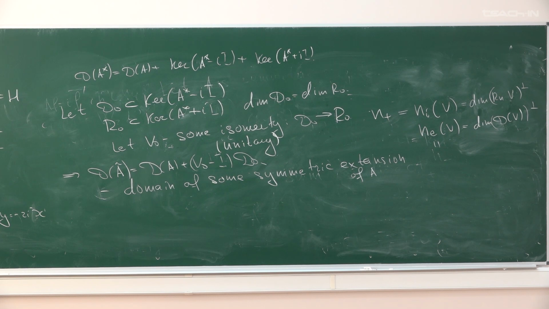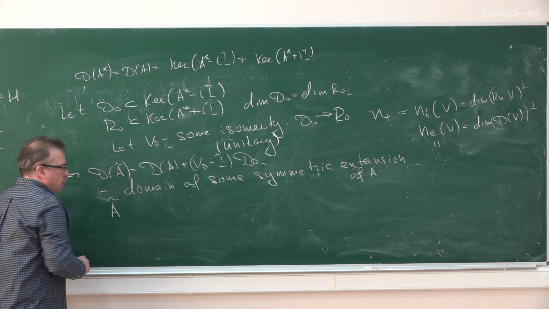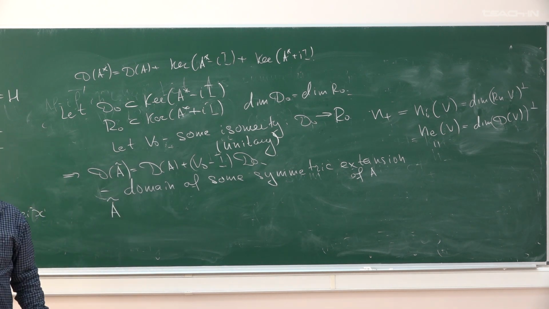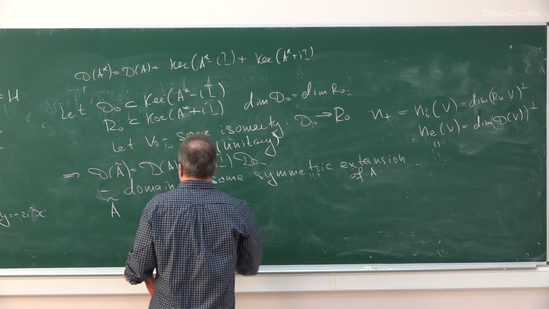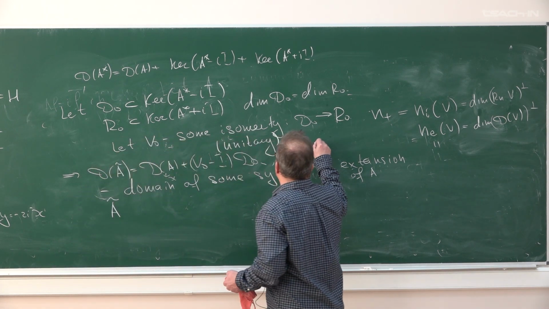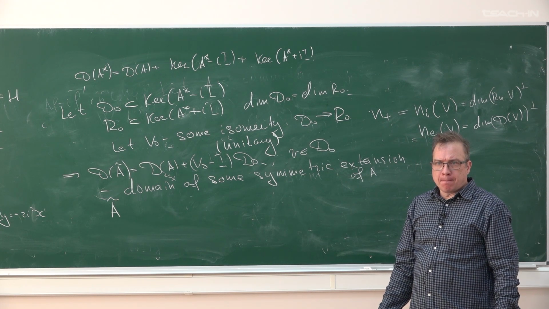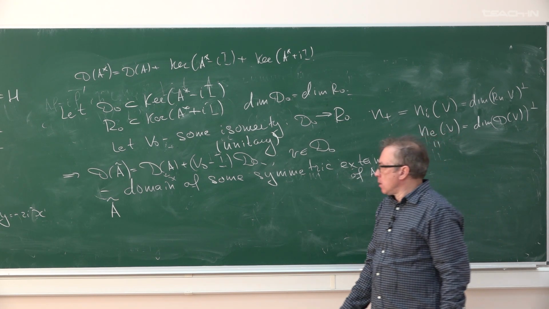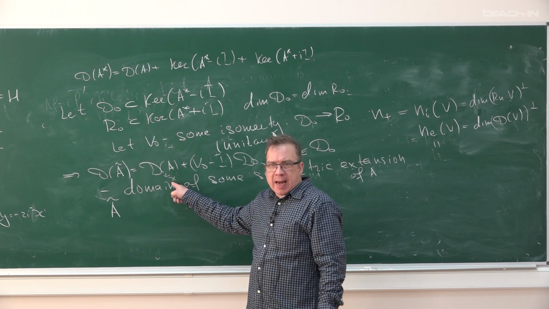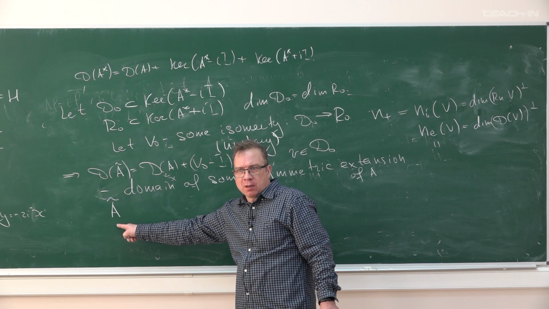Can you write how A tilde, the extended operator, acts on these vectors? Here we have x, and we have some vector v from D0. On this x, what happens with the extended operator?